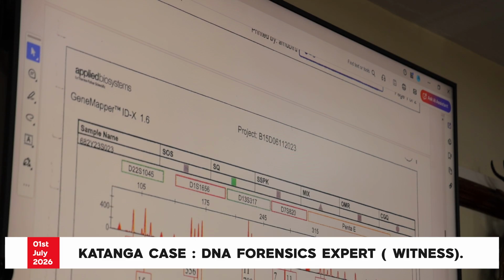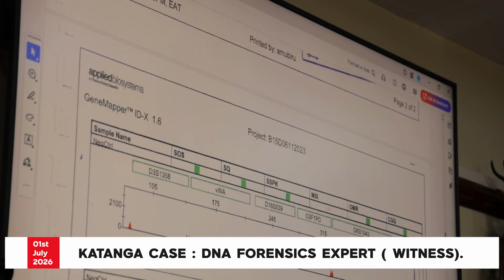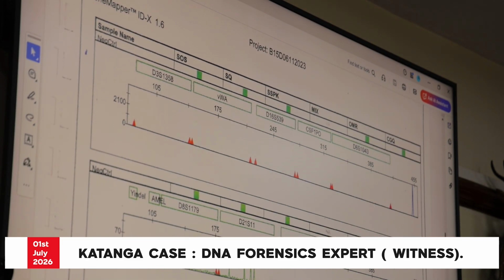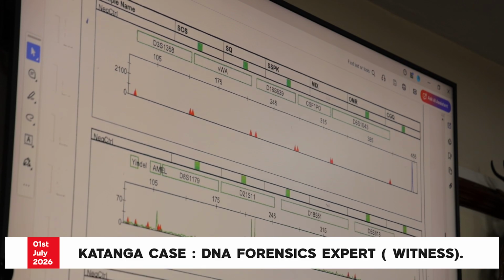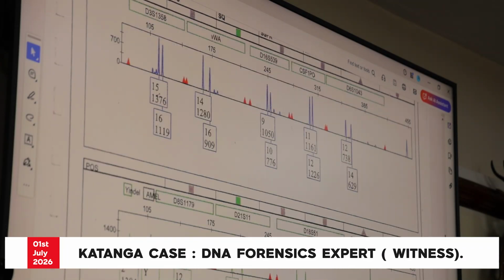Then, equally within every batch that's processed through the DNA profiling system, a negative control is processed. We'll come to that shortly. You had told us you could see the batch number.